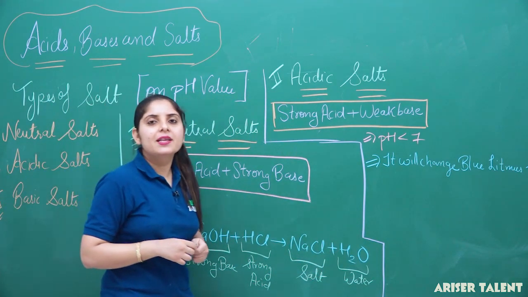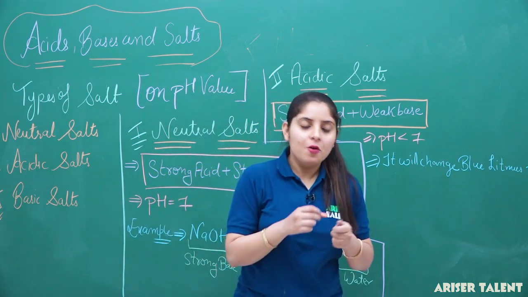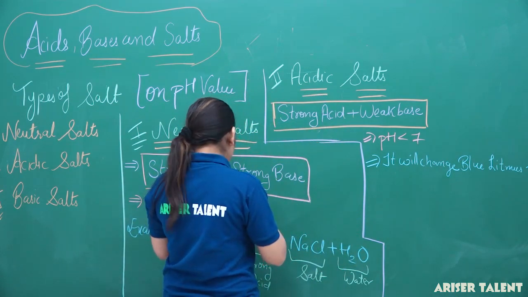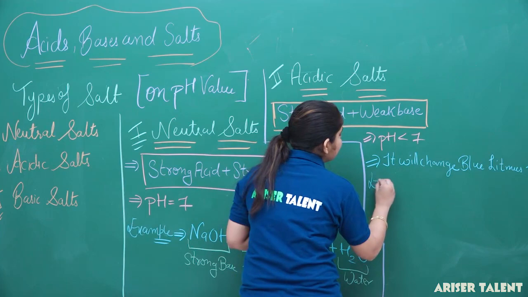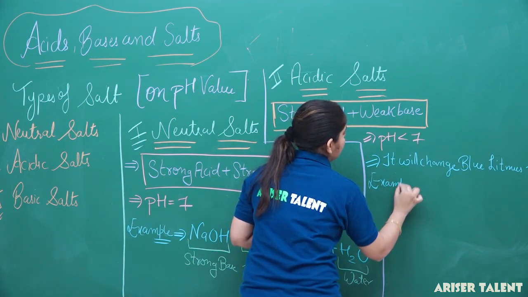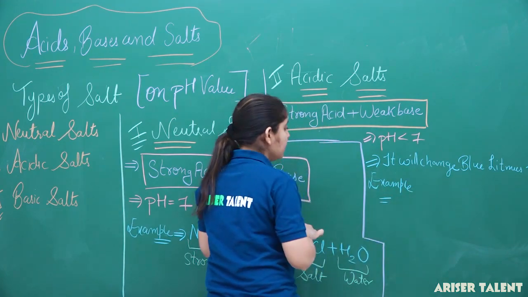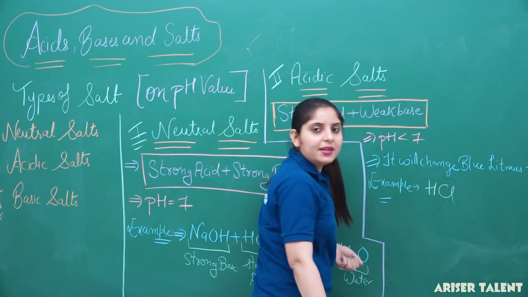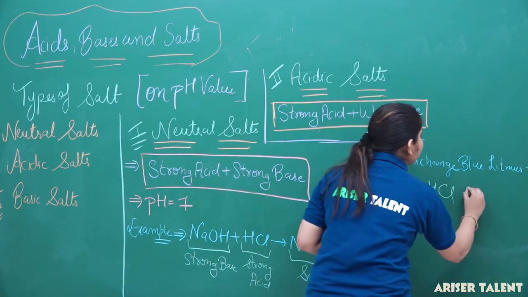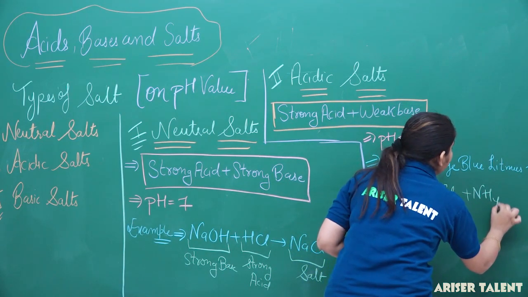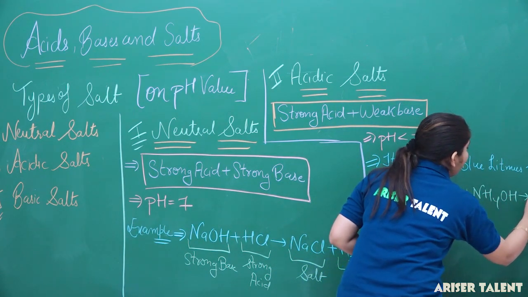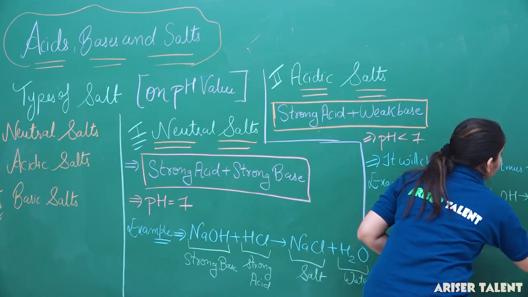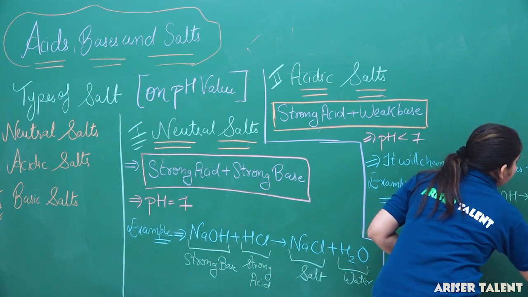Now, we will see with an example how acidic salt is formed. For the manufacturing of the acidic salt, we will take an example here. Firstly, we have taken a strong acid, that is HCl, and I am reacting it with the weak base, that is ammonium hydroxide. So, I will get NH4Cl plus H2O.